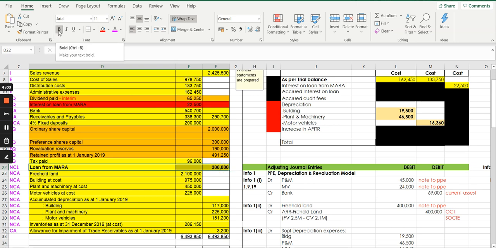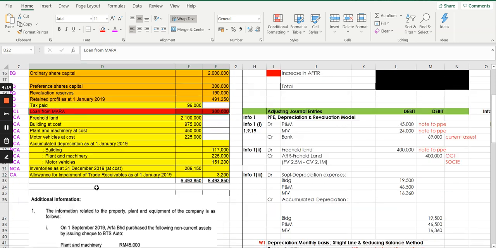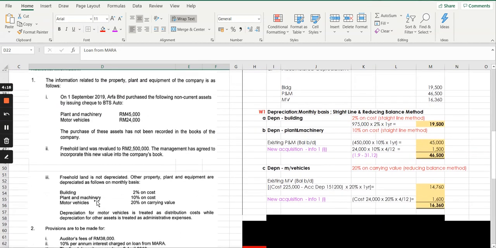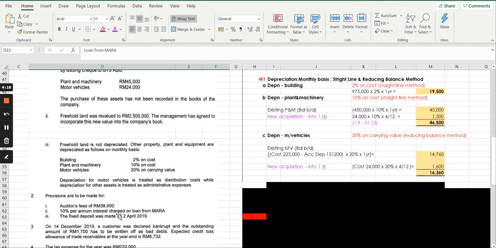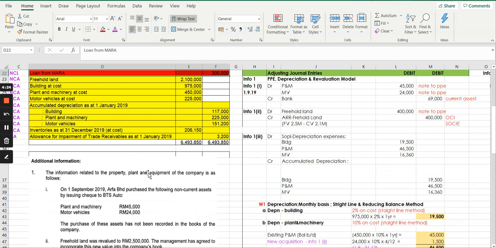So we need to check if there is any loan interest that needs to be provided, and whether it is an interest expense or an interest revenue. Here, that was an interest expense, so you need to check what the 10% interest is.